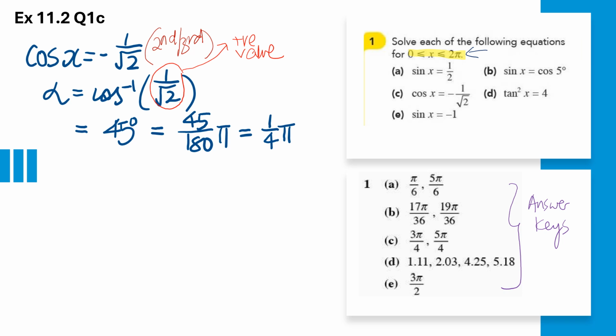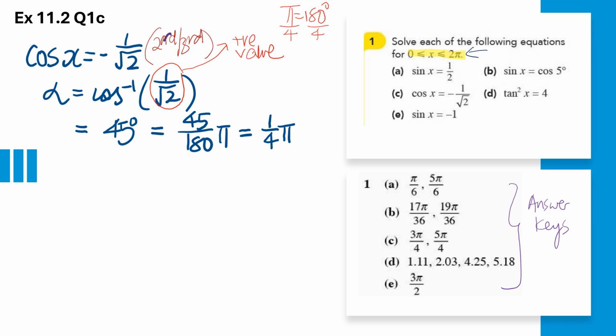That means pi is 180. So 180 divided by 4 will give you 45. So therefore 45 is 1/4 pi. It's quite easy. You just take the angle divided by 180 times pi. That will help you to convert an angle in degree to radian.